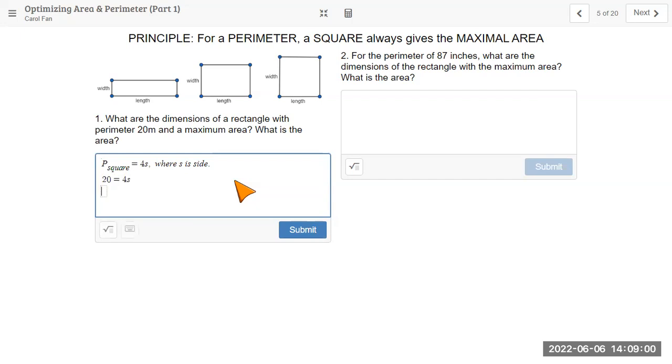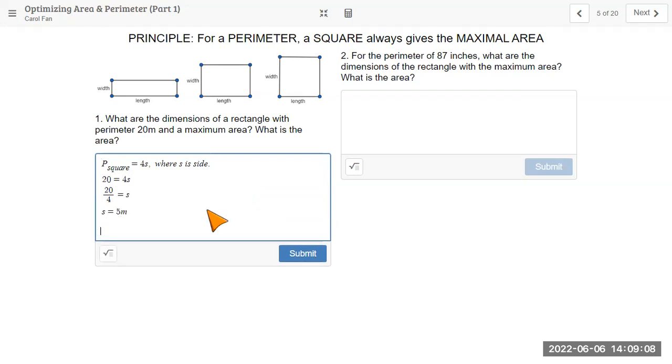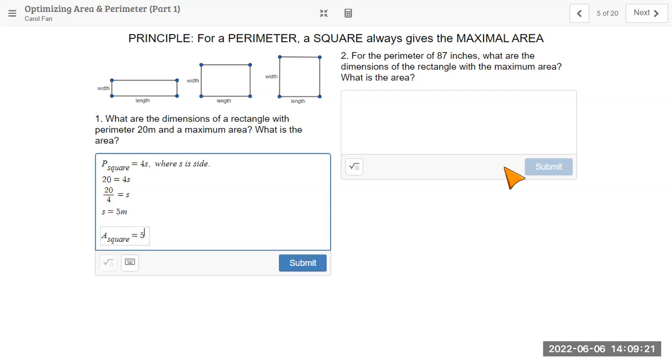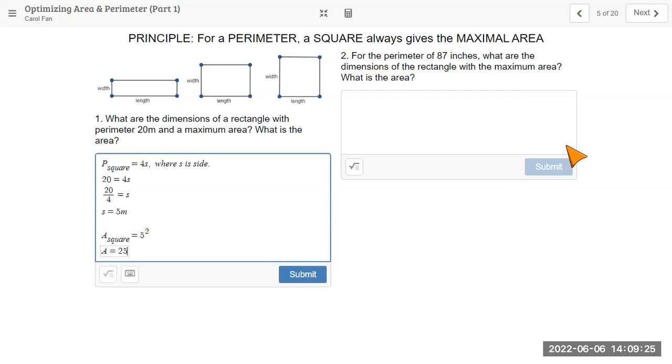And then when I solve it, 20 divided by 4 is equal to s. S is equal to 5. So because the side is 5, I can also get that for my area. My area of a square is going to be 5 squared. So the area is 25 meters squared.